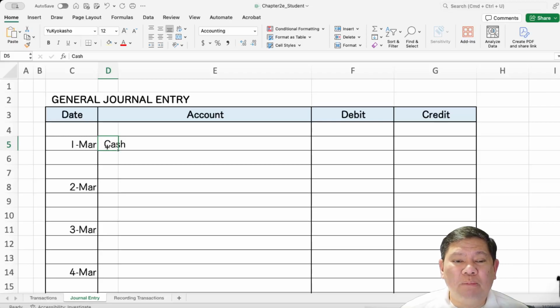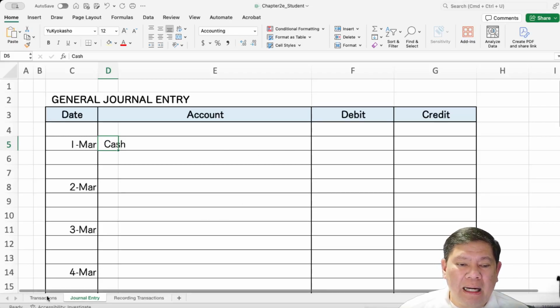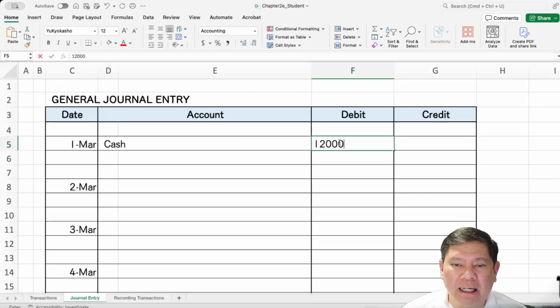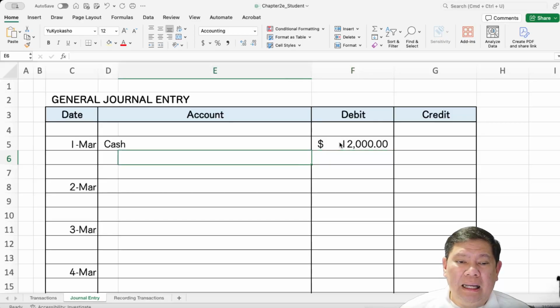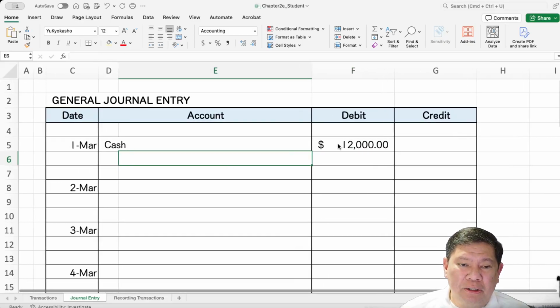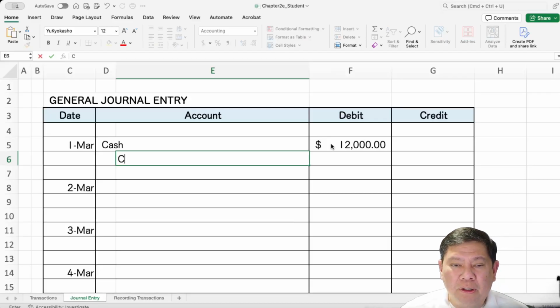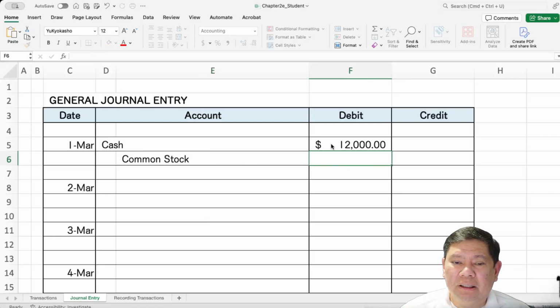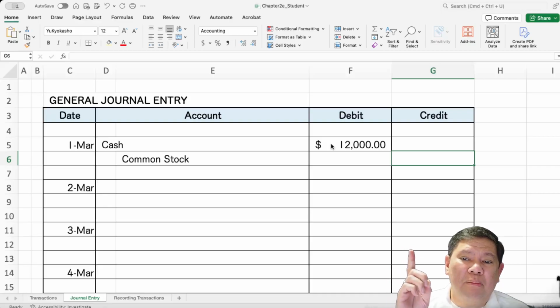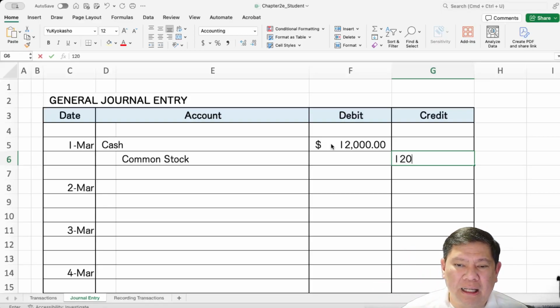So when it goes up, we put it on debit, and the amount is $12,000. And then because we are issuing stock, we have to put it under common stock. That's an equity, and when equity goes up, we put it on credit, $12,000. Okay, so that's the first transaction.